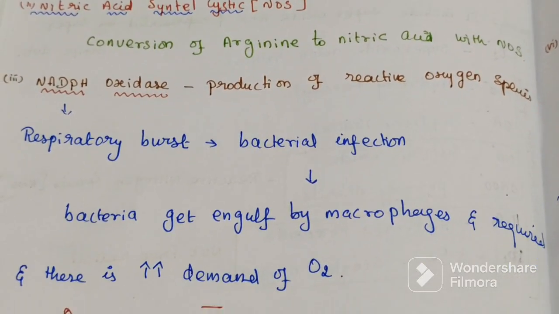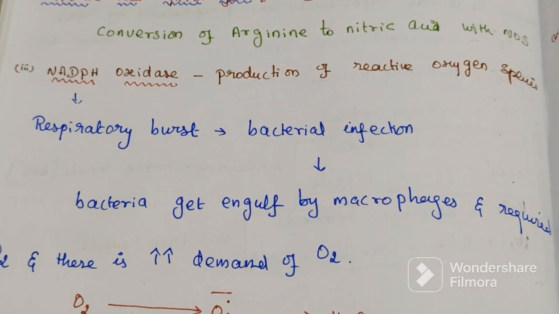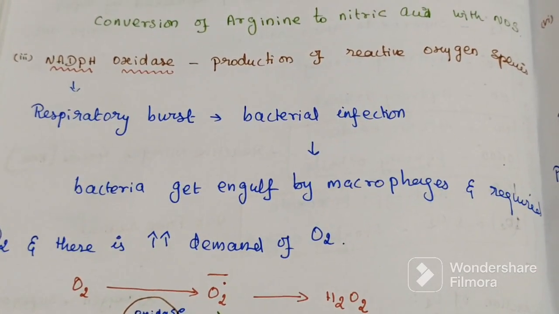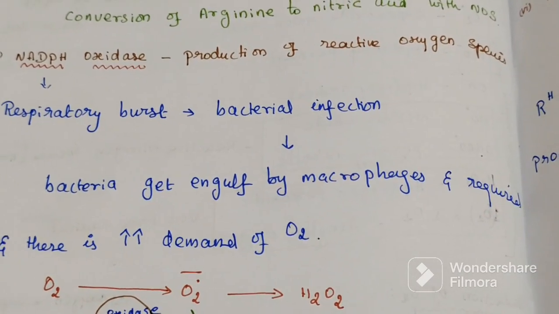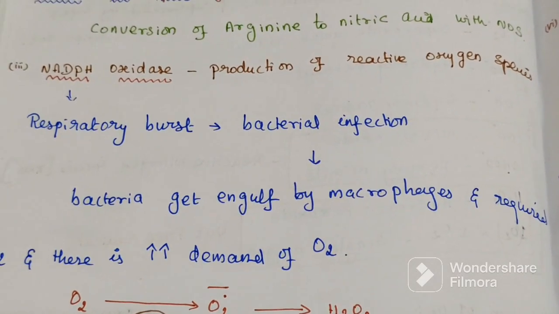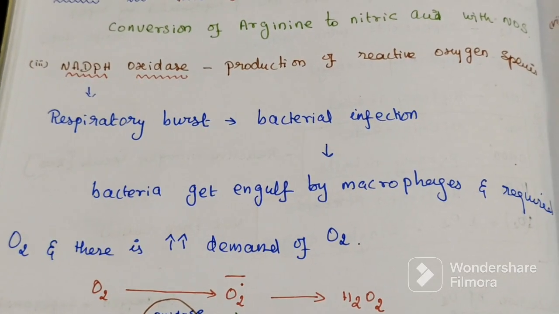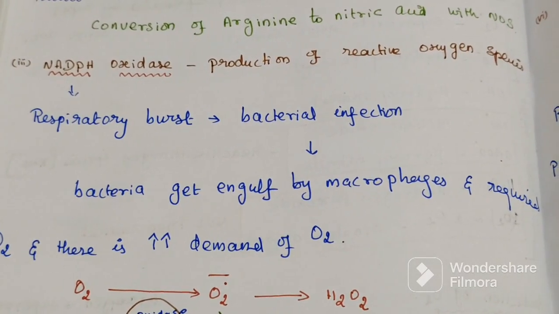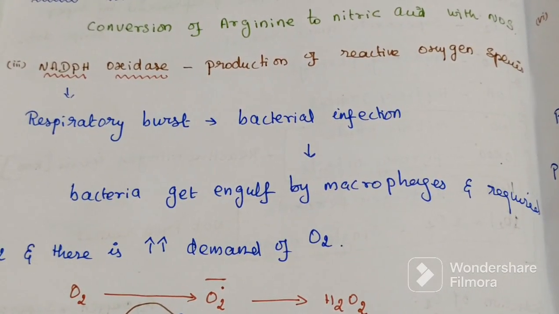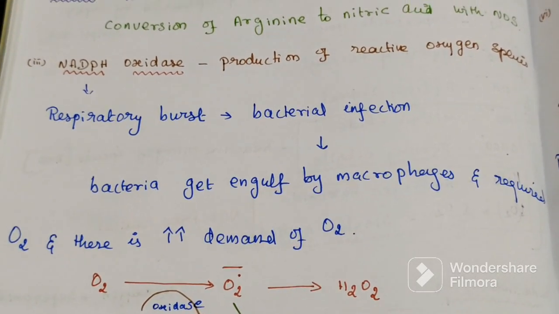What happens? Whenever there is a bacterial infection, bacteria get engulfed by macrophages, and for this they require oxygen, so there is increasing demand of oxygen for this bacterial engulfment by the macrophages.